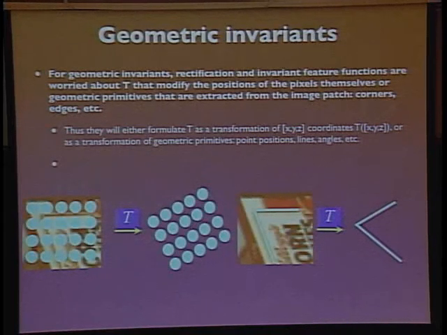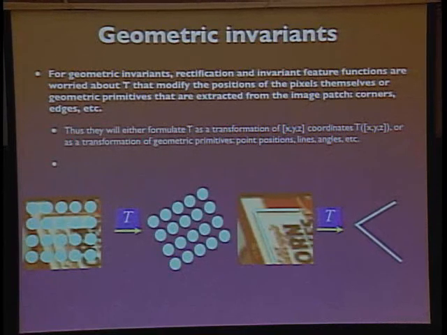So for the geometric case, both rectification and invariant feature functions are trying to worry about transformations T that modify the positions of pixels or other geometric primitives that are extracted from it, such as corners or edges and so on. They'll either formulate T as a transformation of individual xy or xyz coordinates, or as a transformation of geometric primitives such as points or edges.